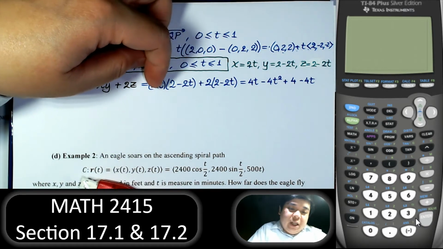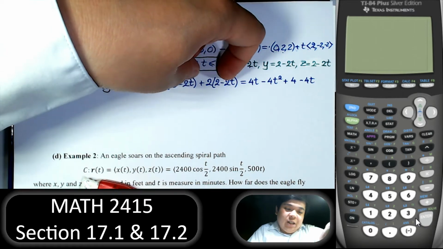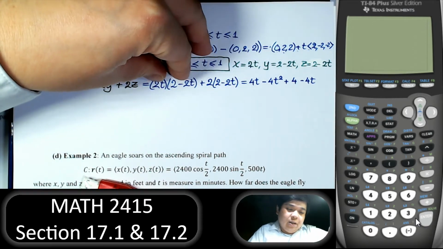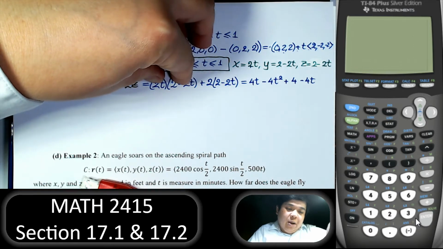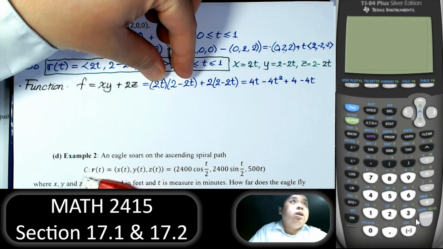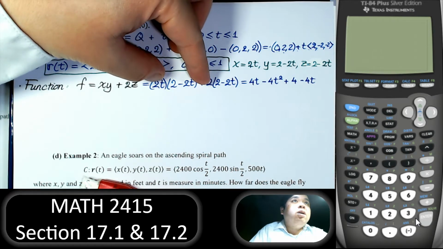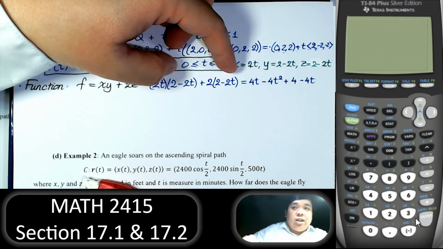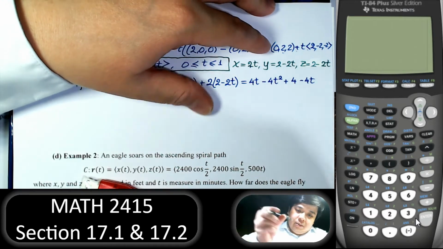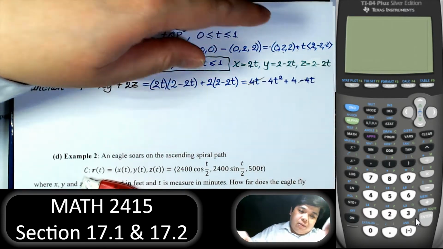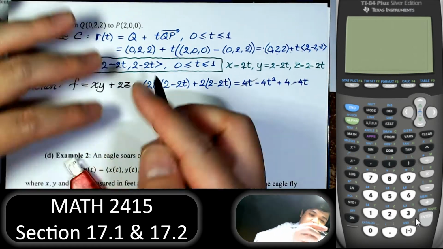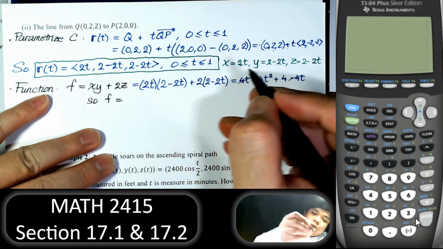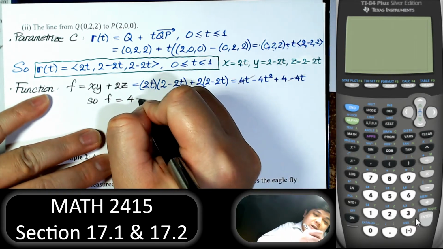So 4t minus 4t squared plus 4 minus 4t. So the function is equal to 4 minus 4t squared.